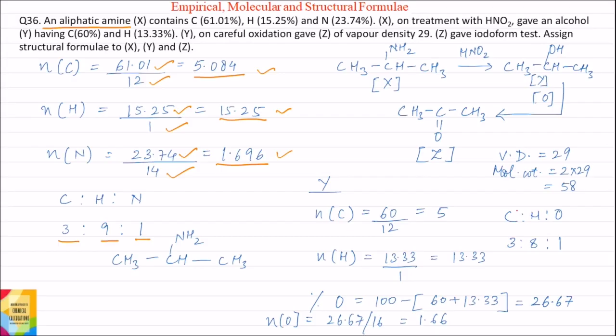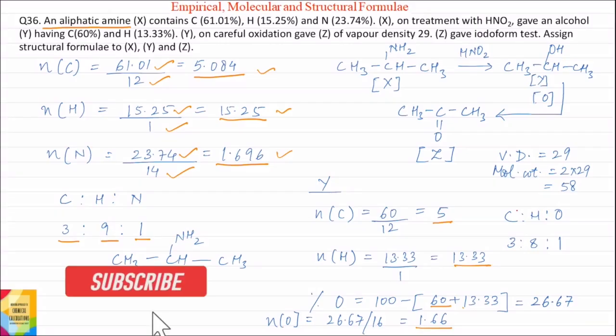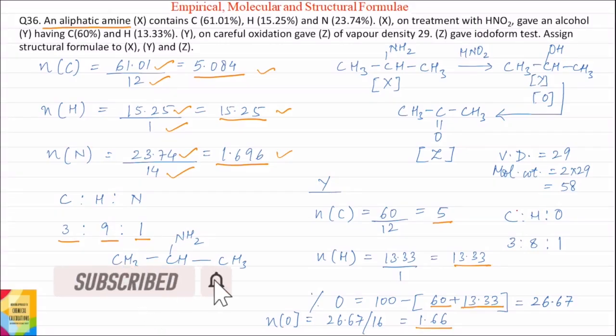Now moles of carbon in Y is 5, moles of hydrogen in Y is 13.33, and moles of oxygen in Y is 1.66. For moles of oxygen, we subtract percentage of carbon plus percentage of hydrogen from 100, and we get percentage of oxygen, that is 26.67%, and dividing the percentage of oxygen by its atomic weight gives the moles of oxygen.